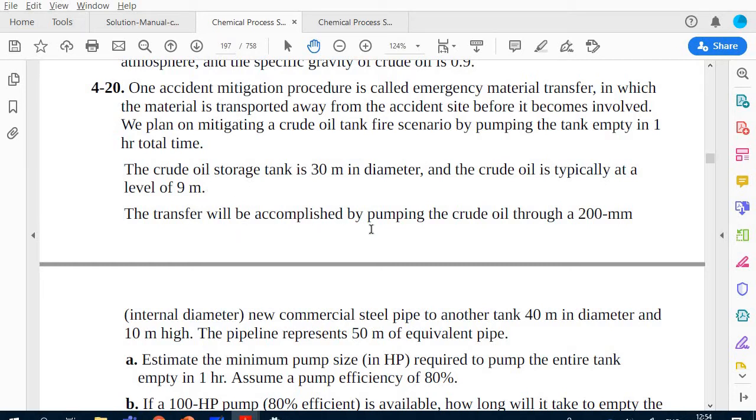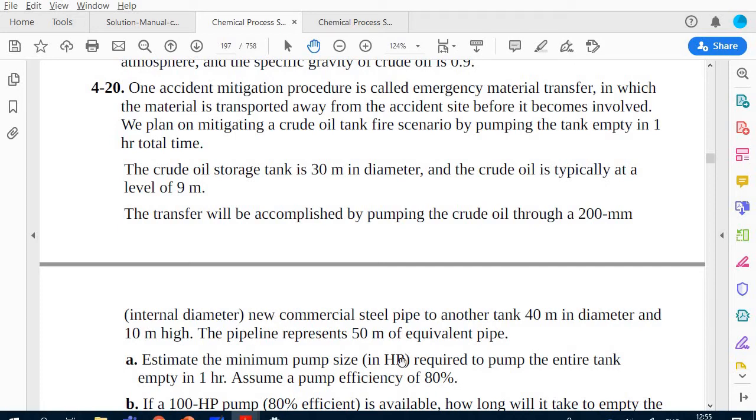The transfer will be accomplished by pumping the crude oil through a 200 millimeter internal diameter steel pipe to another tank which is 40 meters in diameter. So it's bigger, and it's 10 meters high, not only 9 meters high. The pipeline represents 50 meters of equivalent pipe, so it should travel 50 meters to reach the other tank.